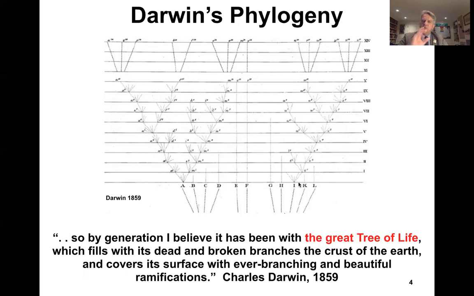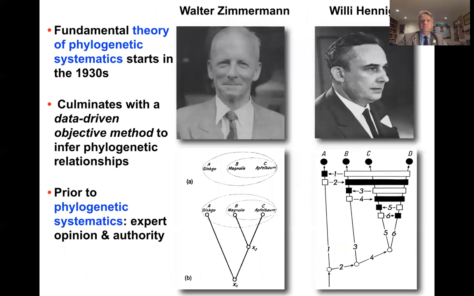So beautifully put, but what Darwin is getting at is that if all life on Earth shares common ancestry, they share a genealogical relationship. And if there is a genealogical relationship, we should be able to infer those relationships. And that is the science of phylogenetics.